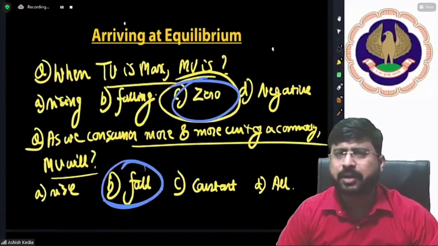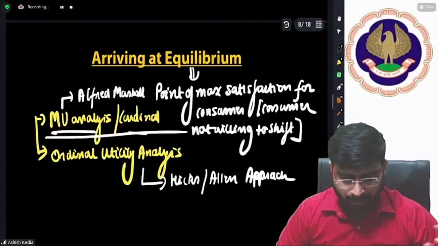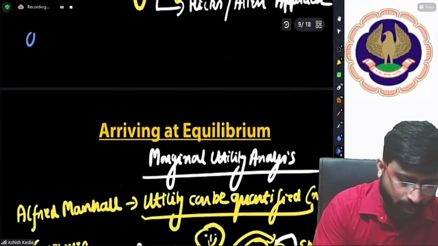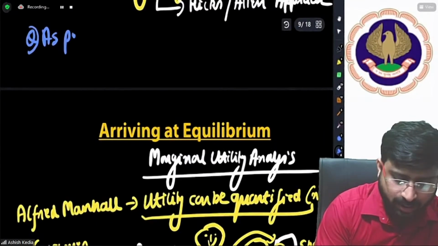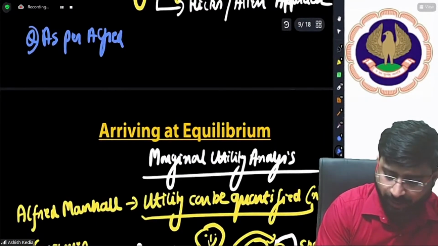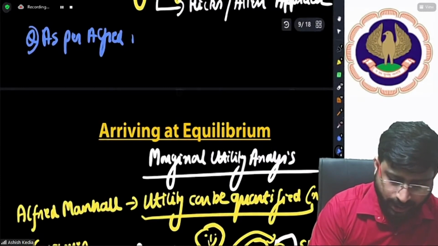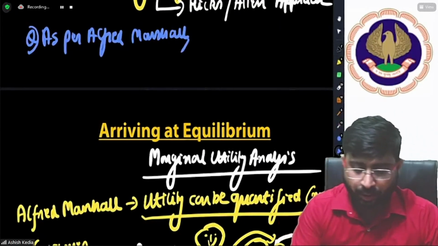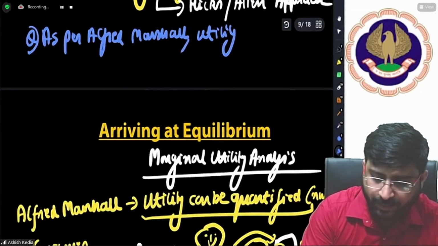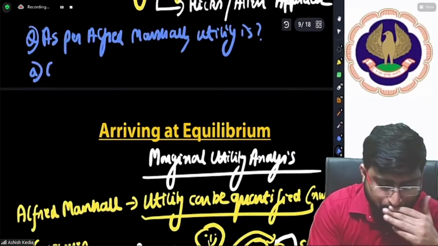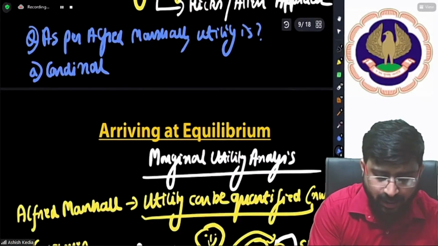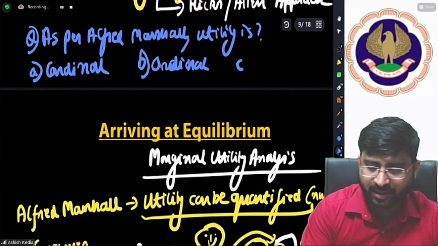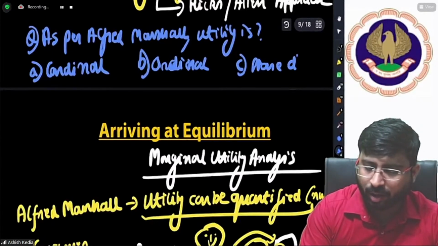Okay, we will come back to MCQs yet again. But now, acha, one more question. As per Alfred Marshall, utility is: A, cardinal; B, ordinal; C, none; D, all.